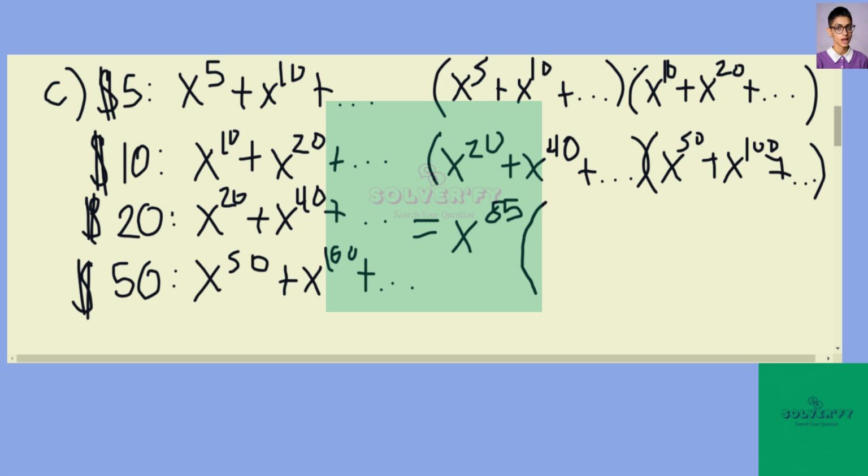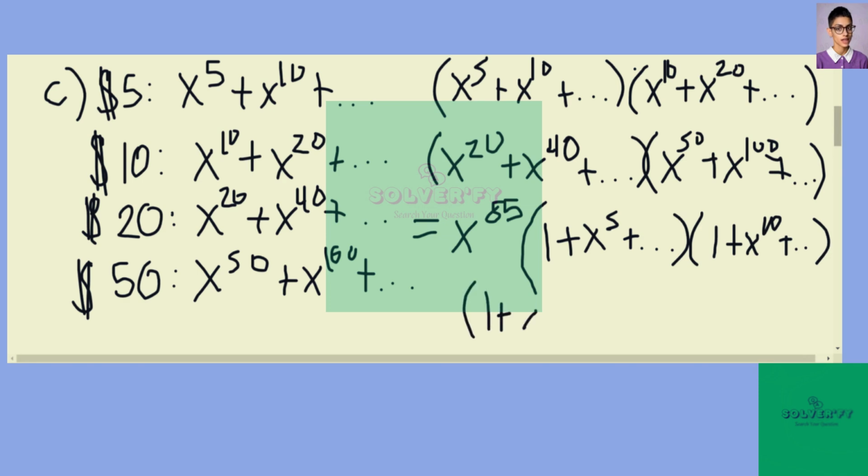we can rewrite this as 1 plus x to the 5th and so on, times 1 plus x to the 10th and so on, times 1 plus x to the 20th and so on, times 1 plus x to the 50th and so on.